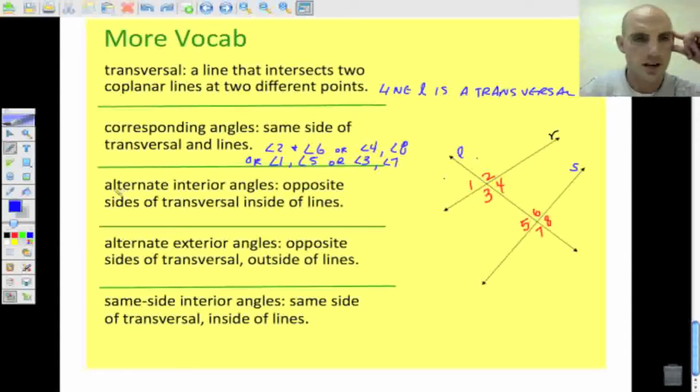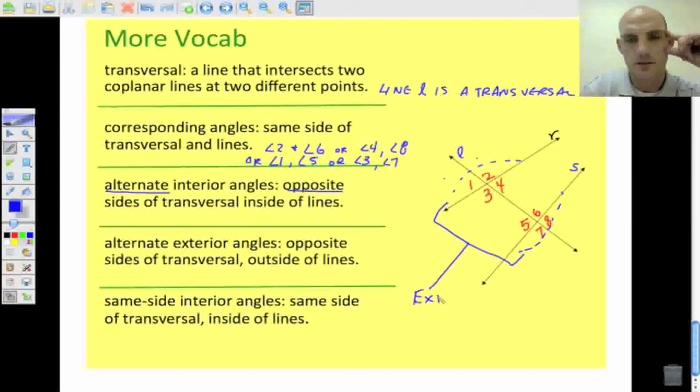Alternate interior angles. They alternate, their opposite sides of the transversal, so like 1 and 4, and they're on the inside of the lines. This blue area out here, this is the exterior, or the outside, like the outside of a house.